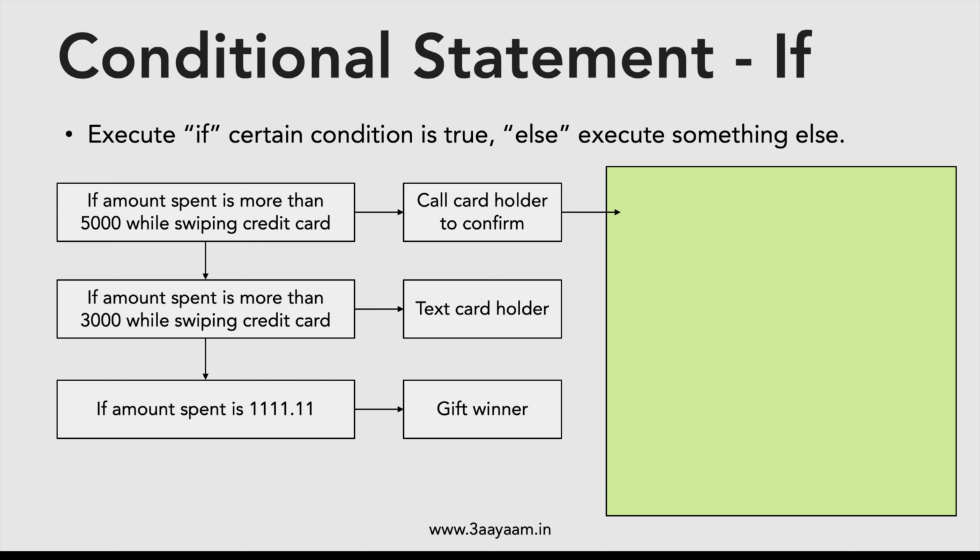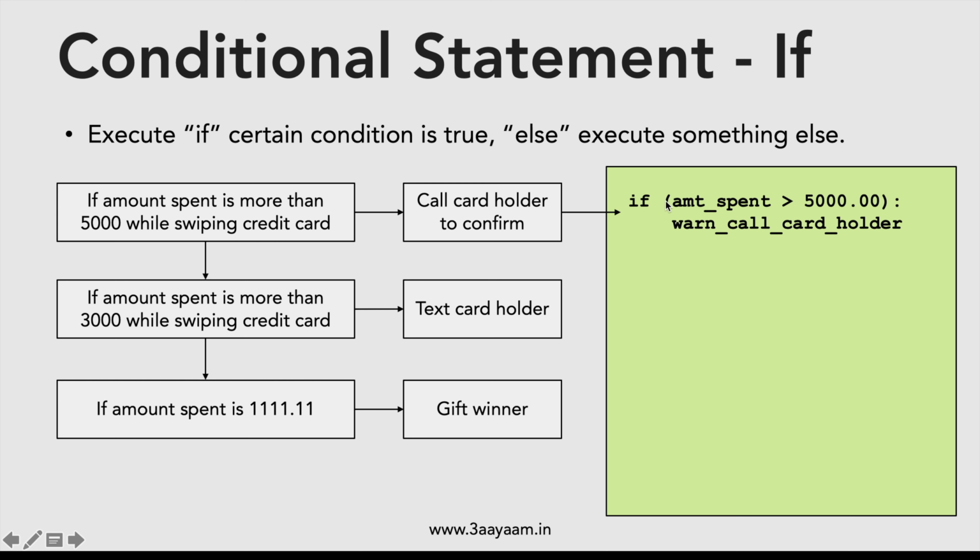So how do you do that? The first one is if the amount spent is greater than 5,000, then warning call to cardholder. Now this is not a program, so I've put something here. There would be a big block of code which will call the cardholder. But notice the if statement.